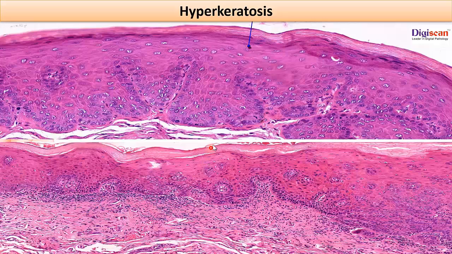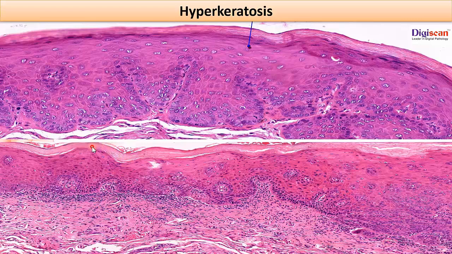Then we talk of hyperkeratosis. When there is increase in the thickness of the keratin layer, we say that this is hyperkeratosis. Here we can see that the keratin layer is compact and thickened. Again, here also in this slide, the keratin layer is thickened.